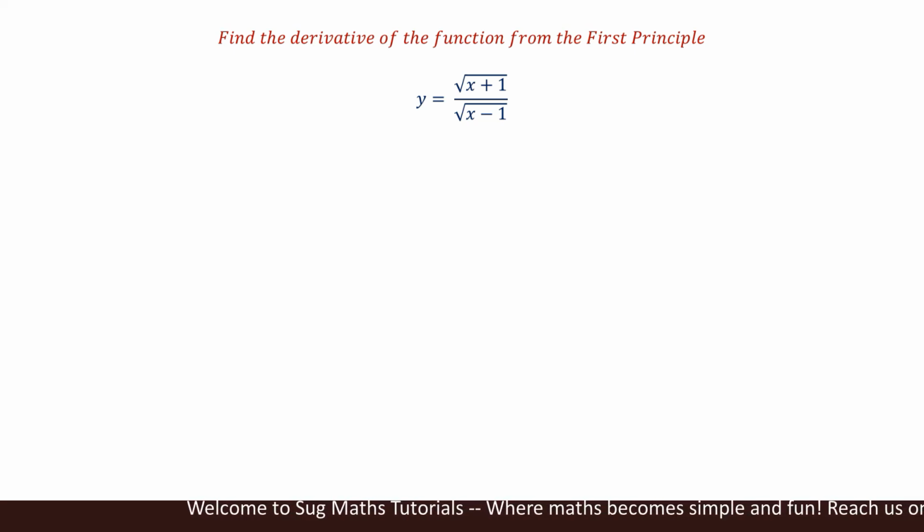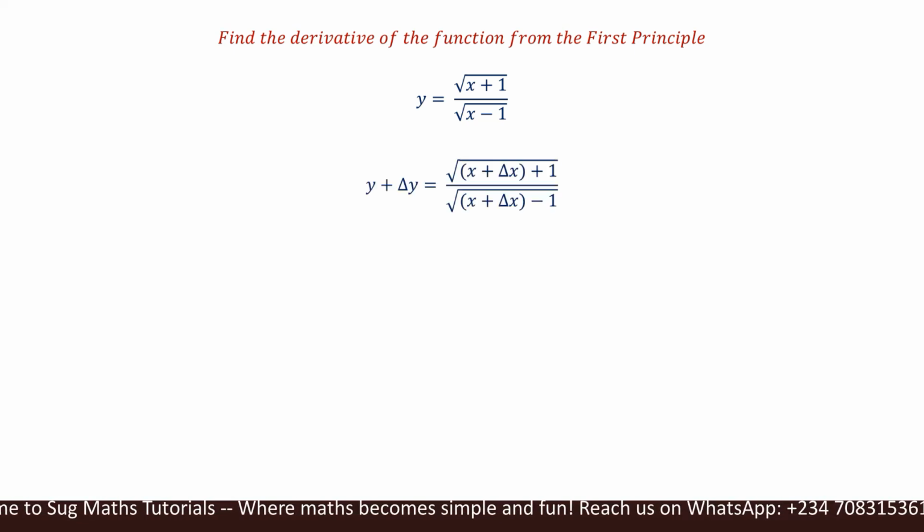All right, so using the first principle. Now let's go. Here we're going to have the little increment in y due to the little increment in x, right? So that means we're going to have y plus change in y is equal to, in the numerator, square root of x plus change in x plus 1 all over square root of x plus change in x in bracket minus 1.